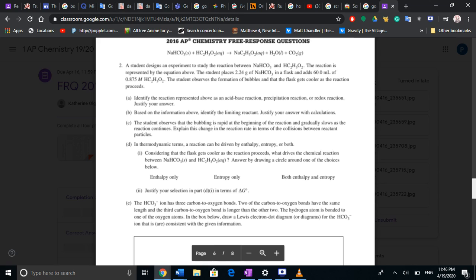On the product side, we have Na where H was originally, and when the hydrogen switches with the sodium and binds to HCO3, we get the formation of H2O and CO2. Now, this isn't just a normal double replacement. This double replacement involved the transfer of an H plus ion. A proton was donated in this process.